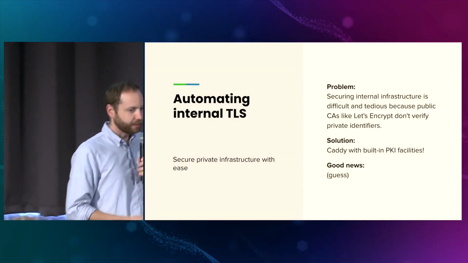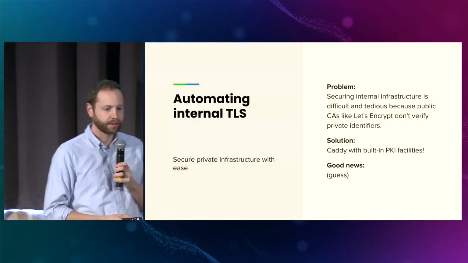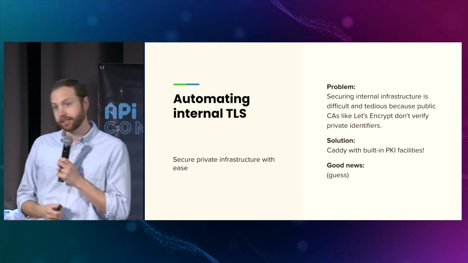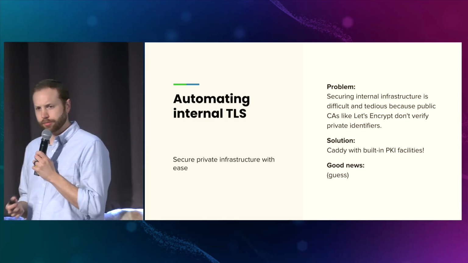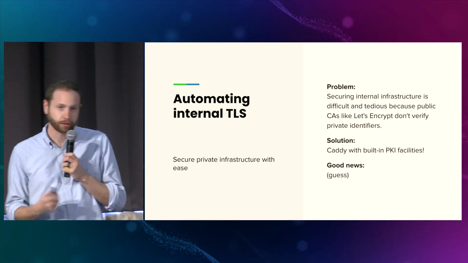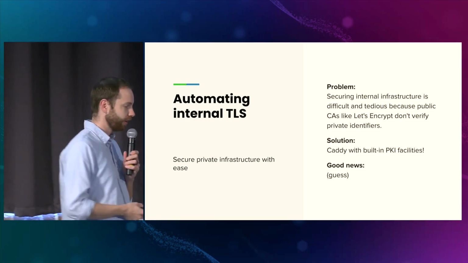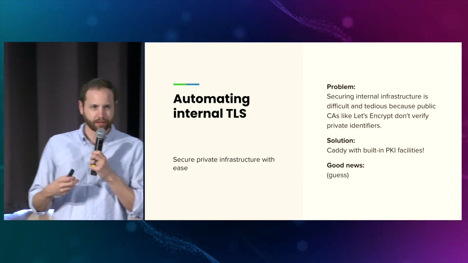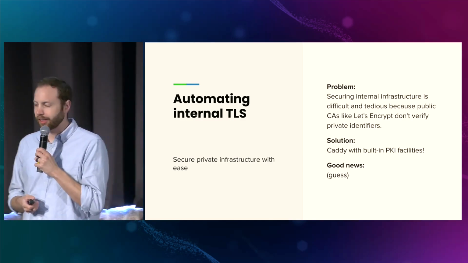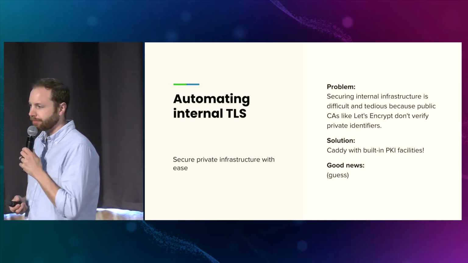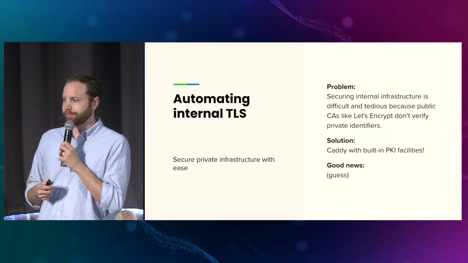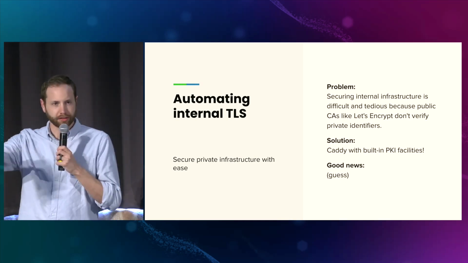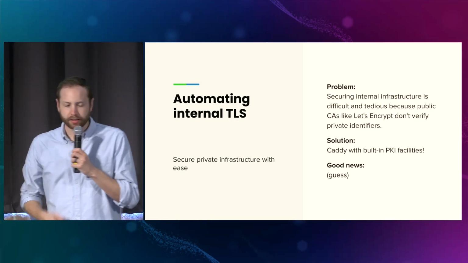So something else that Caddy can do really well is automate your TLS internally in your own infrastructure. This is probably more useful if you have microservices, which I don't know if that's very common with API Platform, but if you're ever working on systems that have a lot of internal nodes that need to communicate with each other, then this can be useful.